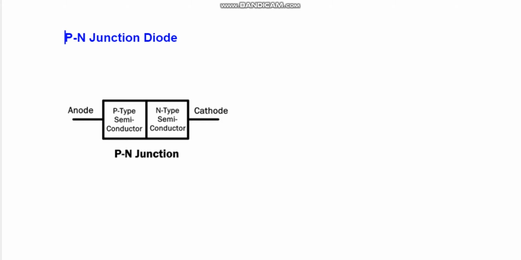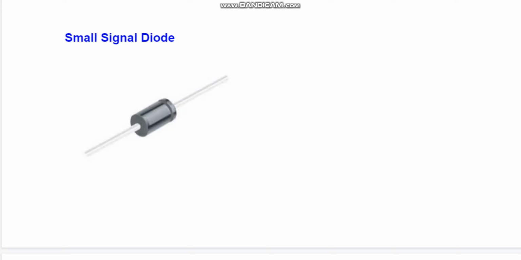There are different types of diodes that use the PN junction with variation in doping concentration. They are discussed below. Small signal diode. It is a type of PN junction diode which operates on low voltage signals. Its junction area is very small, due to which the junction has less capacitance and low charge storing capacity.